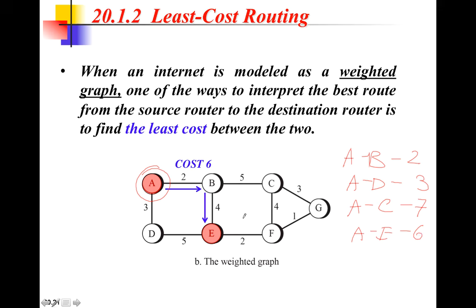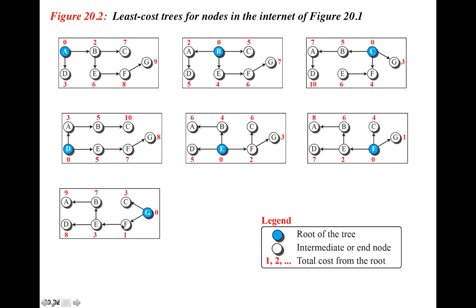So if we see in here the least cost tree, there you go. We have A to itself is 0, A to B 2, A to E is 6, and it is showing us how we can get to E. A to D is 3, A to C is 7, similar to what we calculated earlier.